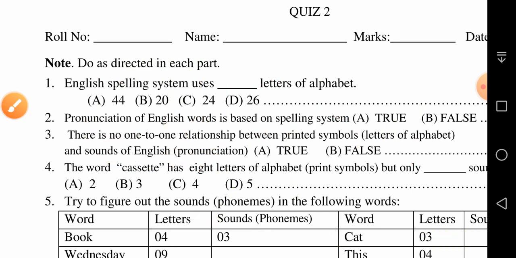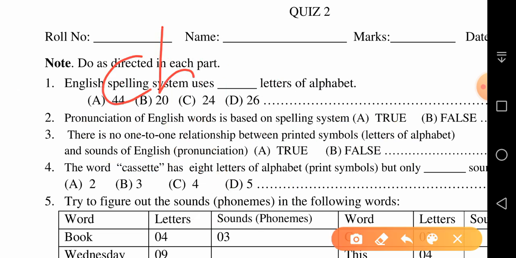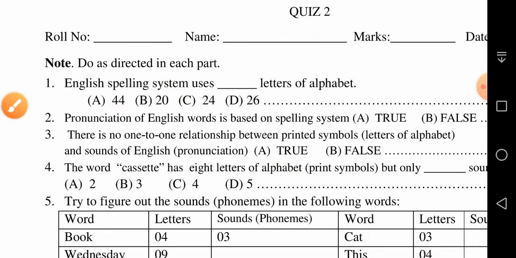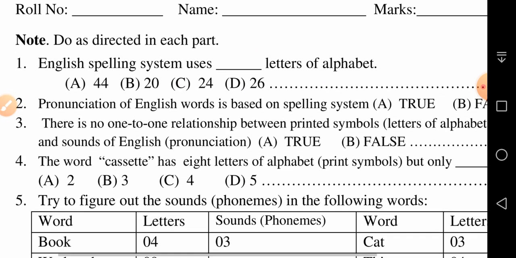It means that in the spelling system, this arrangement of letters can give us the sound sh, or the sound k, or the affricate sound ch. So the English pronunciation system is not based upon the spelling system.